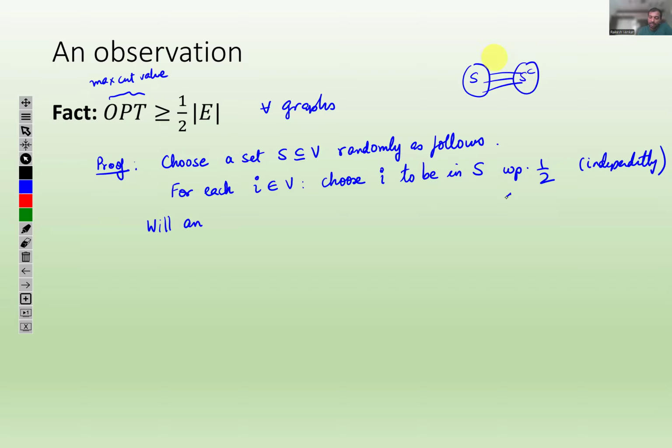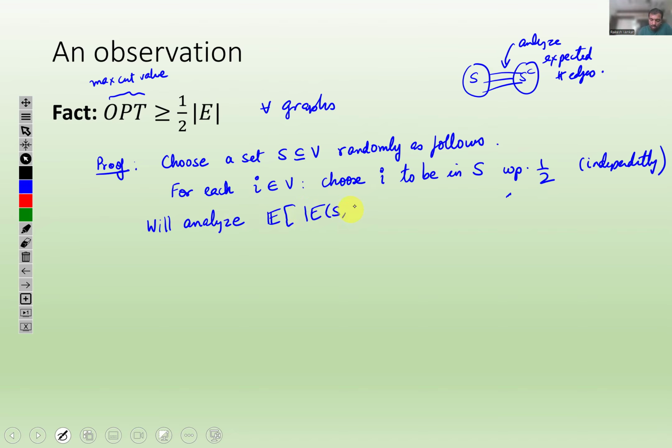And I will analyze the expected value of this. So how do I analyze the expected value of this? I'll just use linearity of expectation.